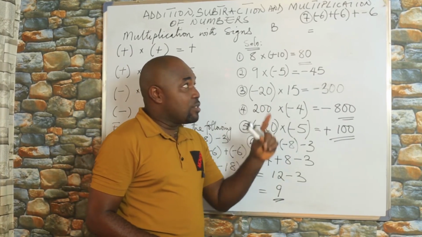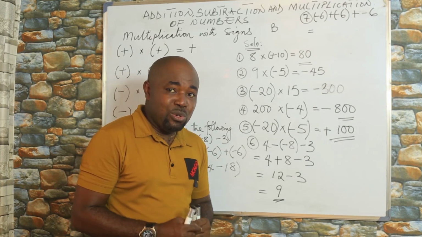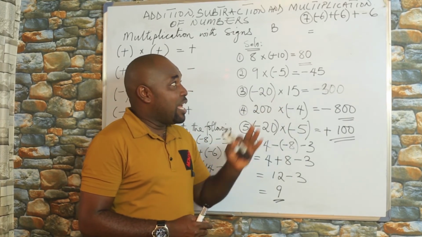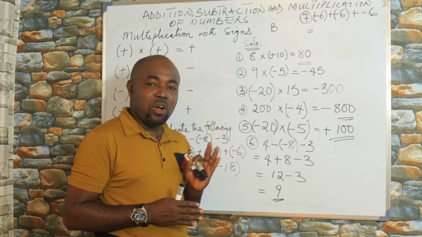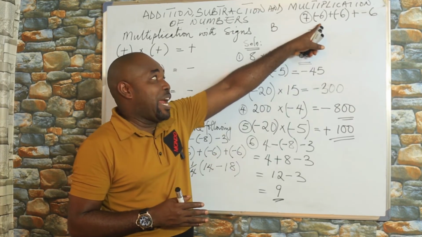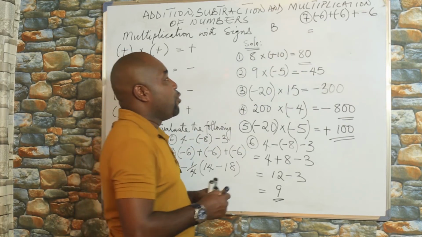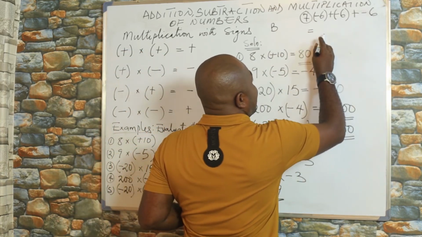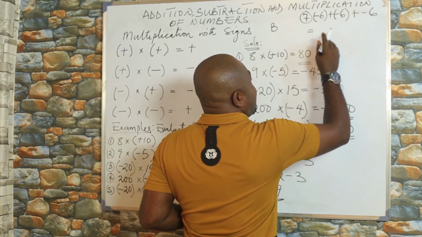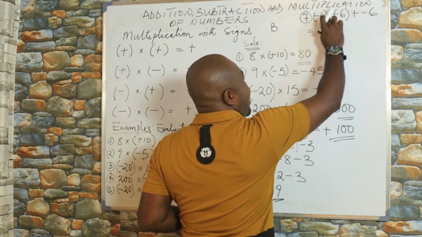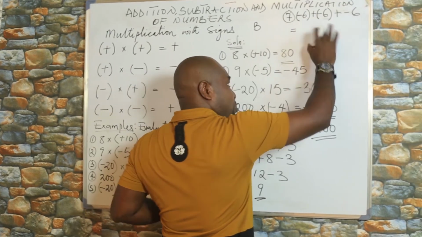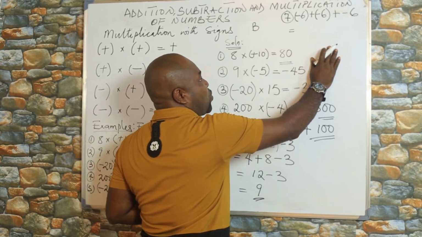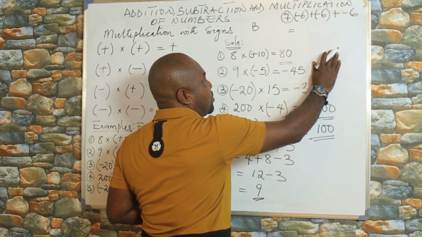I introduced it so that if you see something like this, you should not mistake it for multiplication because of the bracket sign there. If you remove the bracket here, the essence of the sign is to help us solve, just to put a little bit of technicality into what we are doing.